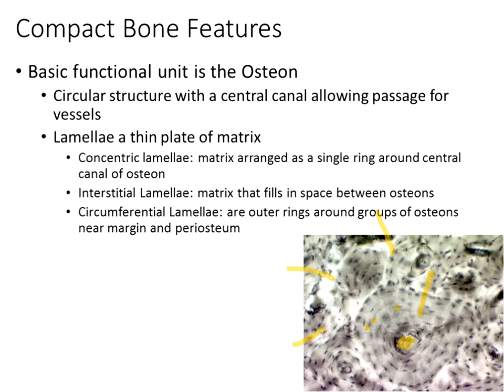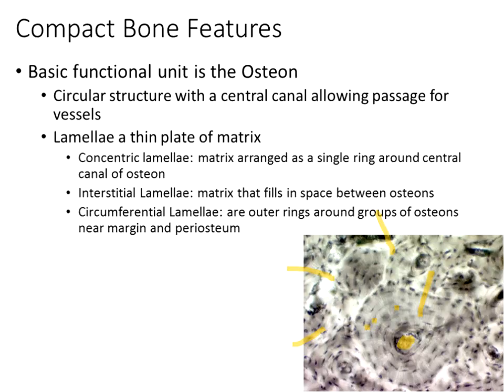Okay? What do you call the individual rings or the little matrix material that's taking up space around the logs? That is lamellae. So lamellae is the mix of calcium crystallized material and collagen fibers that are forming a solid matrix. If they are forming a ring around a central hole, they are known as concentric. They make a circle.